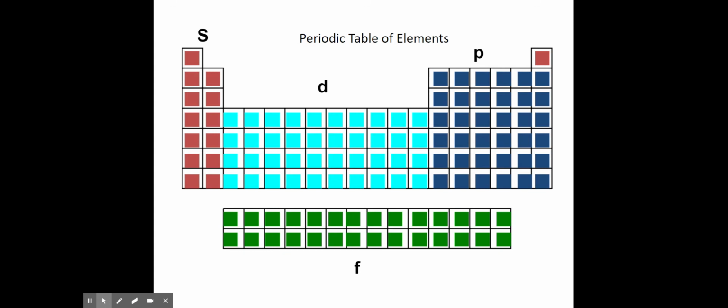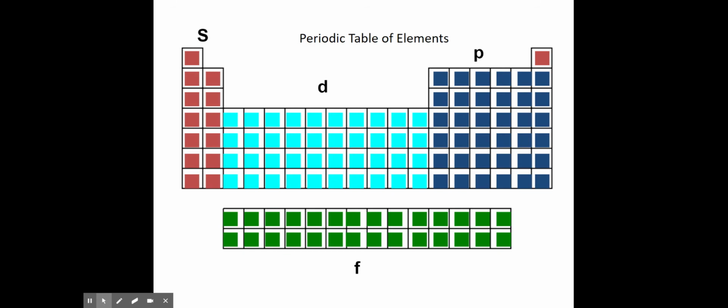Their energy level is completely full. That makes these atoms extremely happy with the number of electrons that they have. They don't want to lose any electrons because then their shells wouldn't be full. They don't want to gain any electrons because then they would have to open up a new energy level.